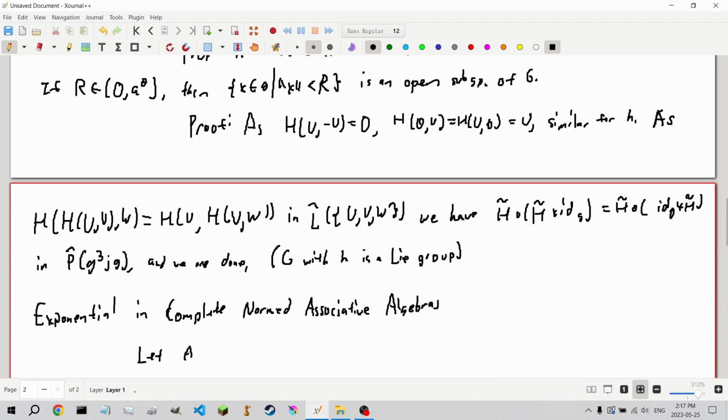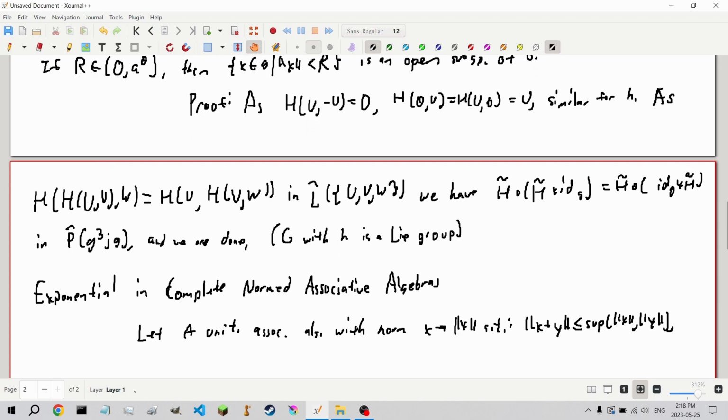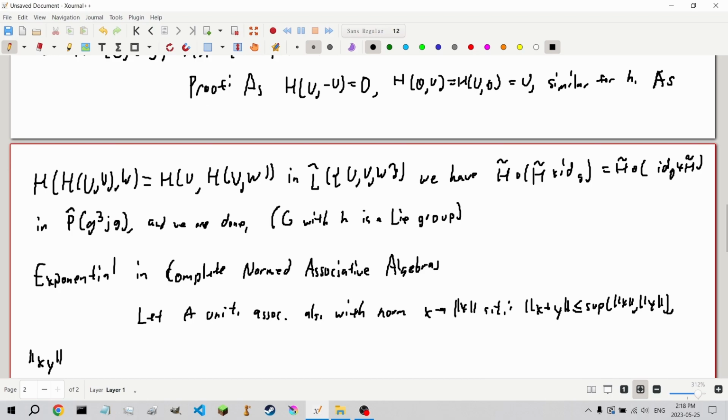Let A be a unital associative algebra with a norm sending x to absolute value of x such that the norm of the sum is at most the supremum, the norm of the product is at most the product of the norms, and the size of 1 is 1.